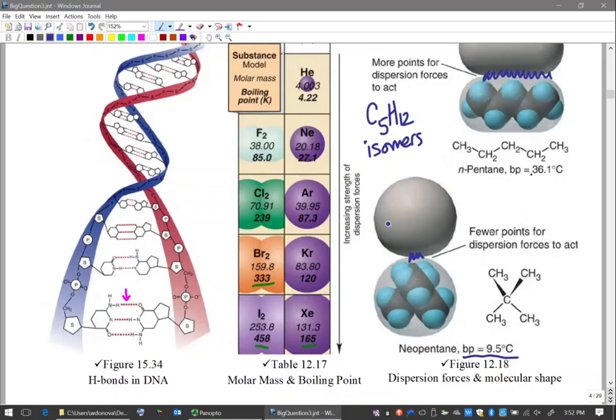So there's a lot going on with the intermolecular forces, but it's good to be able to recognize what kind of intermolecular force is involved in which sample, because there's lots of different kinds. So that's in chapter 12, and then there's some folks who do chapter 12.